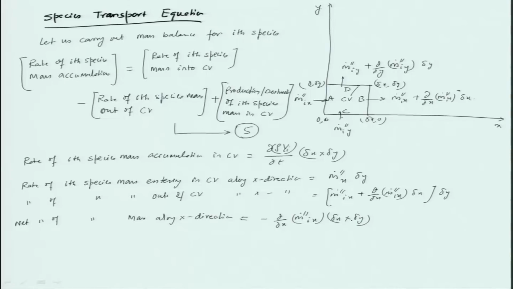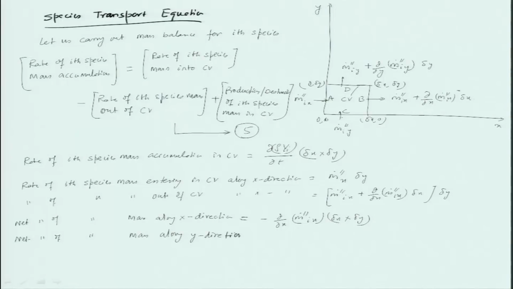And similarly, the net rate of ith species mass along the y direction will be minus dou by dou y of the flux m dot_i,y times delta x times delta y.